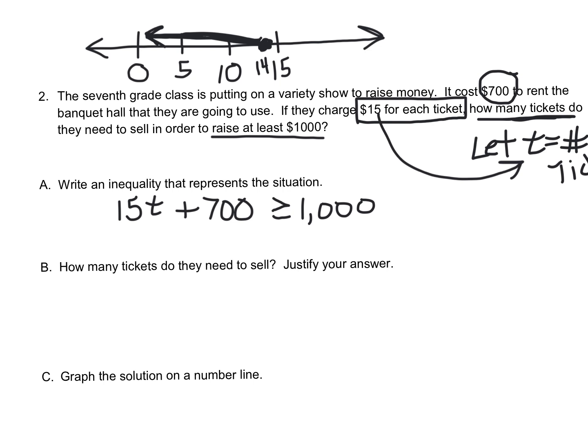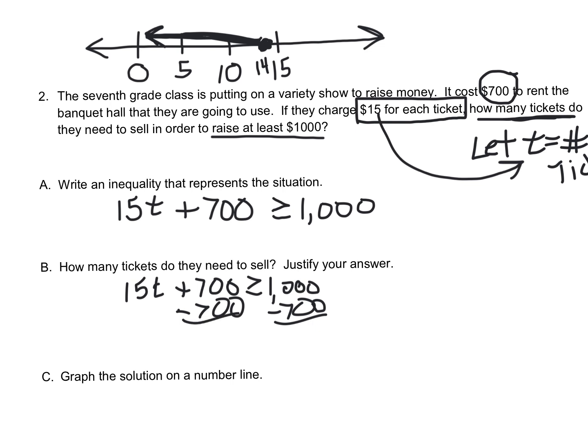Okay, so now we solve that inequality. 15T plus 700 greater than or equal to 1,000. And I take away 700 from both sides. So on ticket sales alone, I need to make at least $300. So now I'm comparing just the 15 times T to 300.